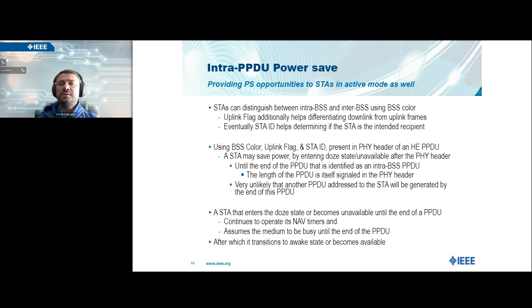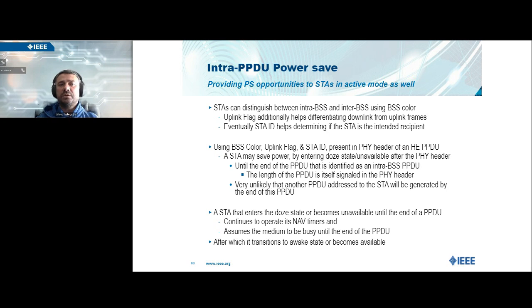The reason why the station can go to those states within an intra-BSS PPDU is that if the access point or any other station in that BSS is actually sending a PPDU, then the likelihood of the access point sending a PPDU again to this particular station is close to zero, because that PPDU that is over the air already is either intended to the access point or is being generated by the access point.